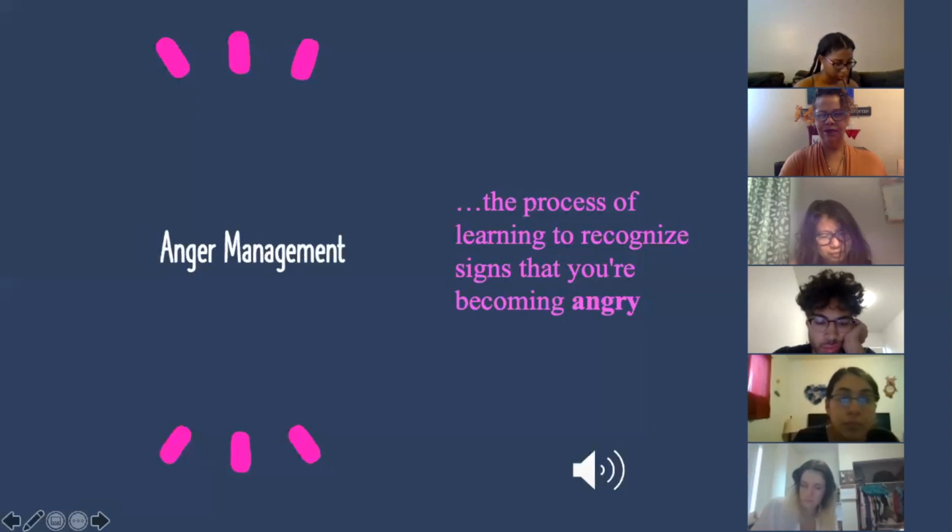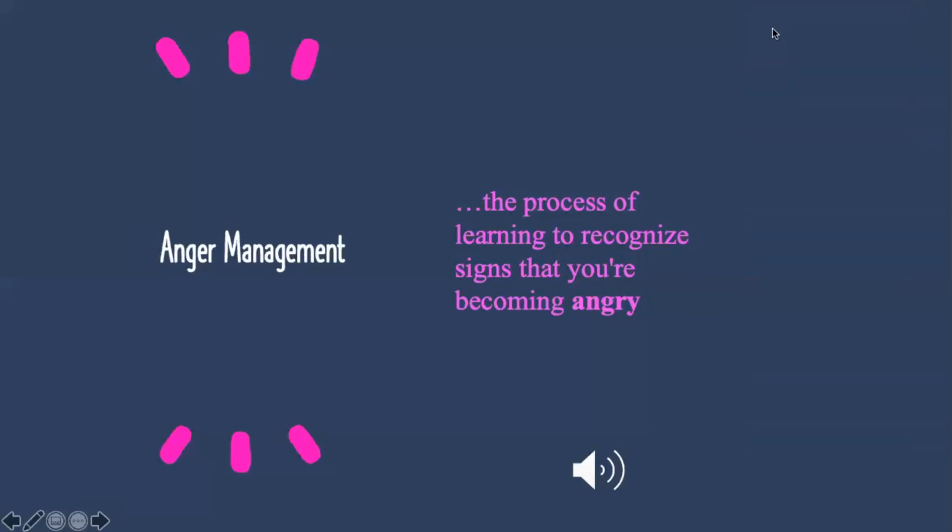Anger management doesn't really have to keep you from feeling angry or upset. However, the idea is to encourage you to find ways to manage being angry, such as taking a step back and thinking before you speak.